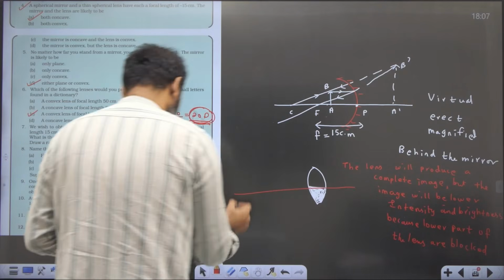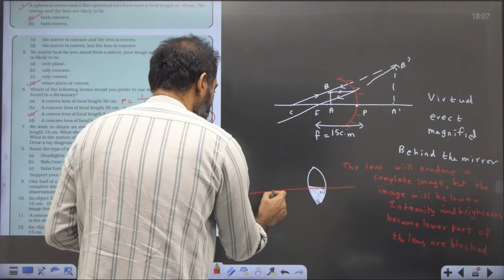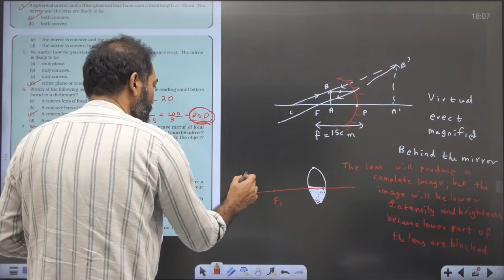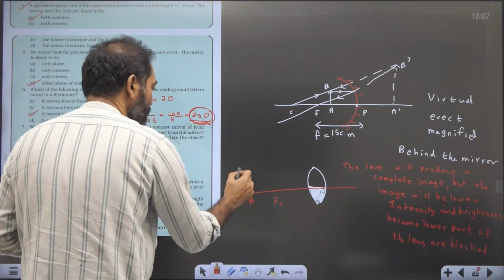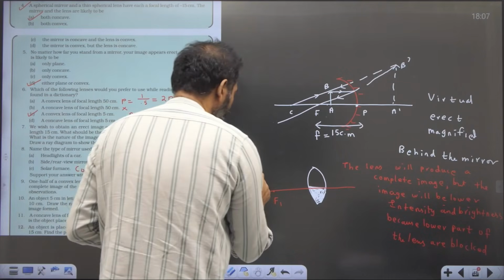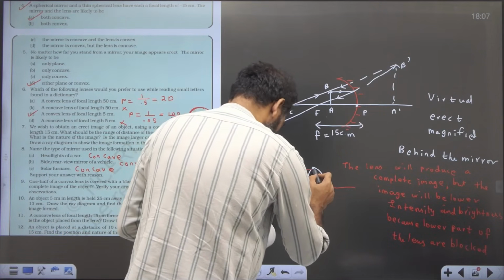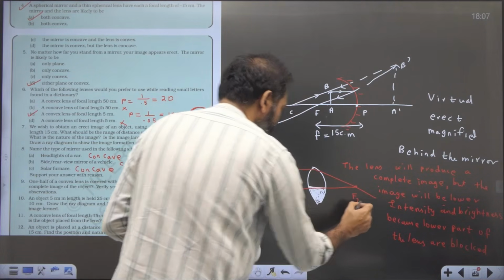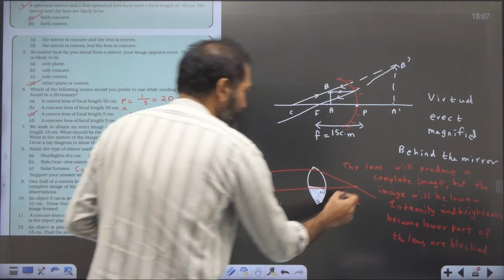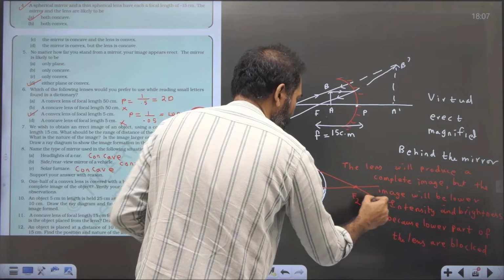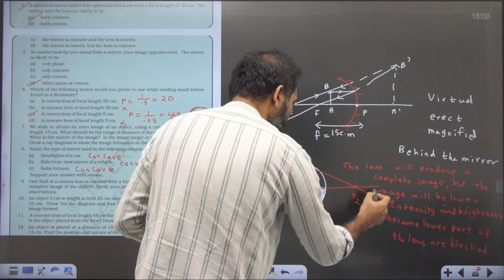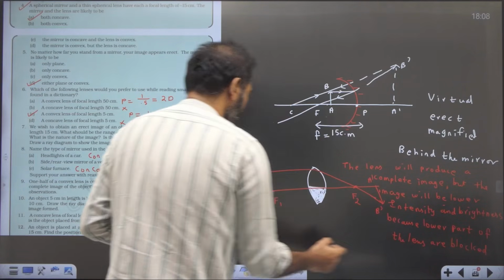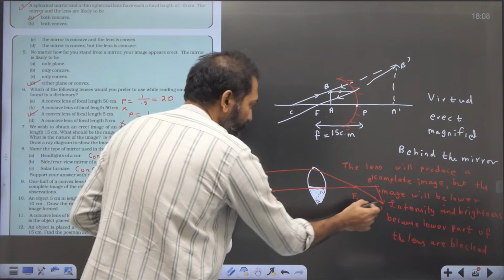So let's see. This is F1. We are placing an object beyond F1. AB is the object. One light ray is coming here, then after refraction it passes through the second focal point F2. Here we can see the image A dash, B dash.